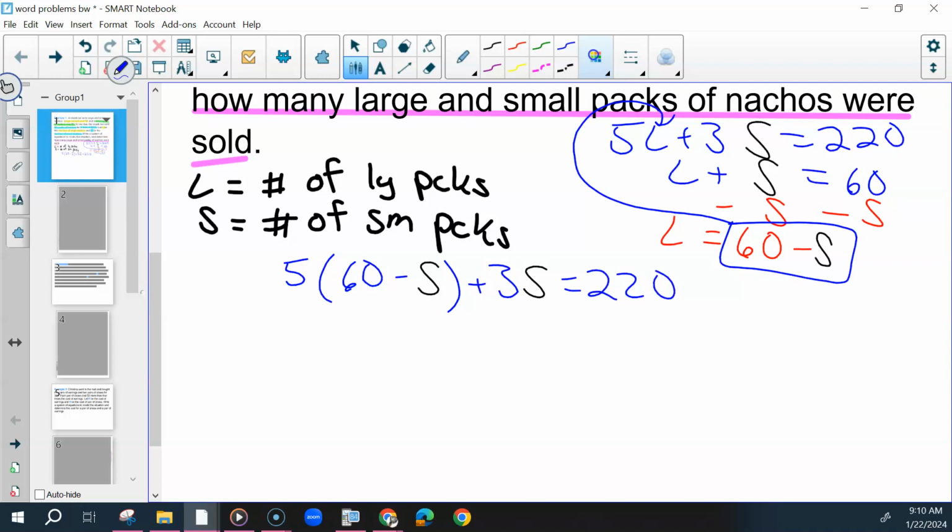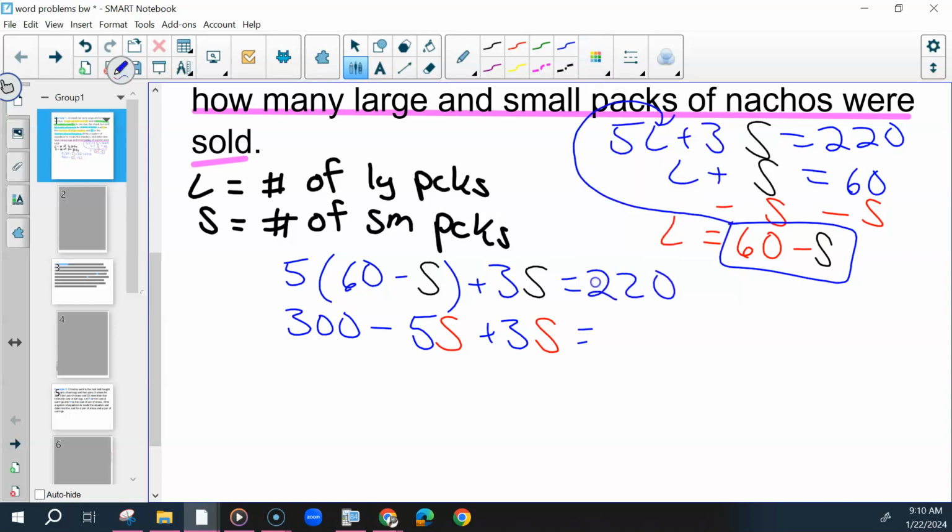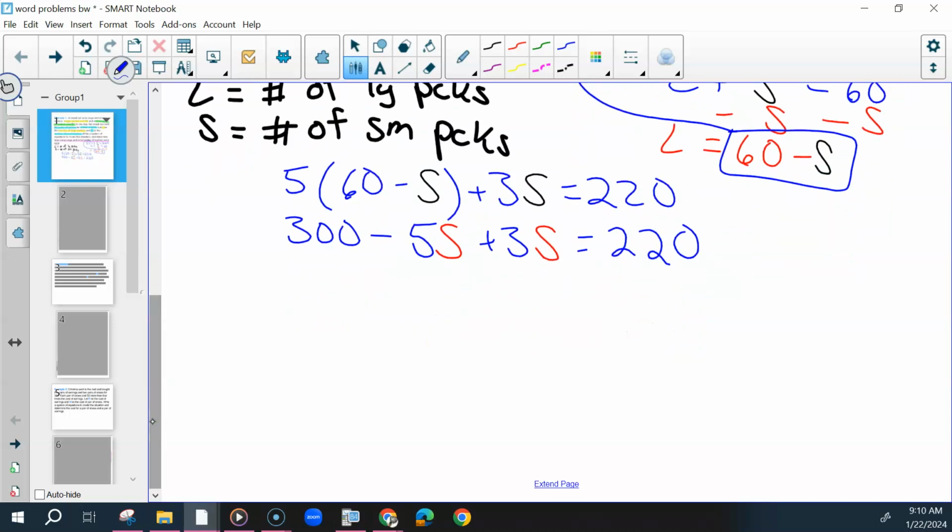And then we can distribute and combine the terms. Combining the terms, and solve for S.